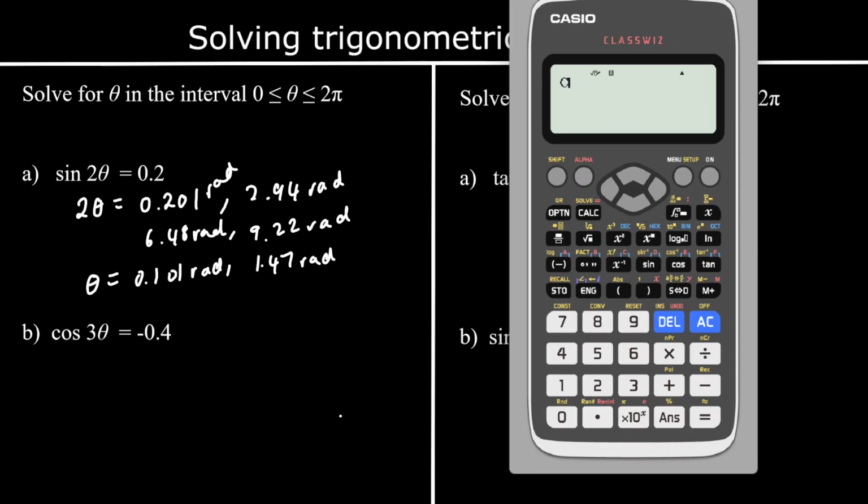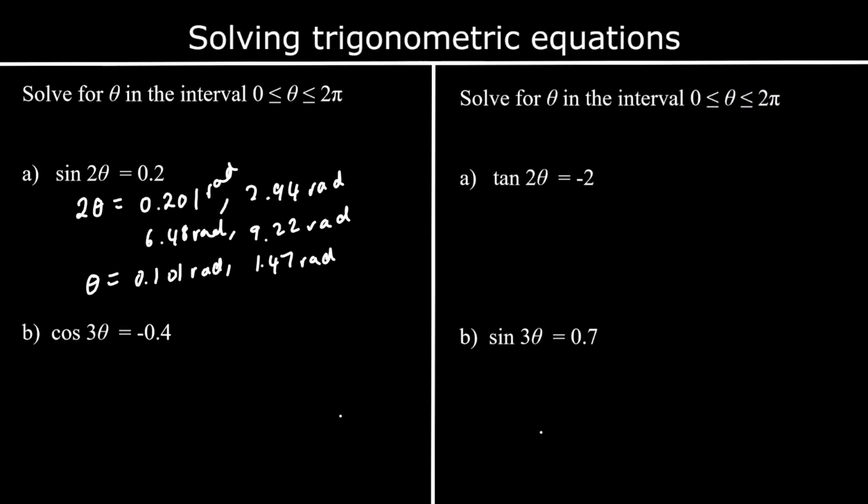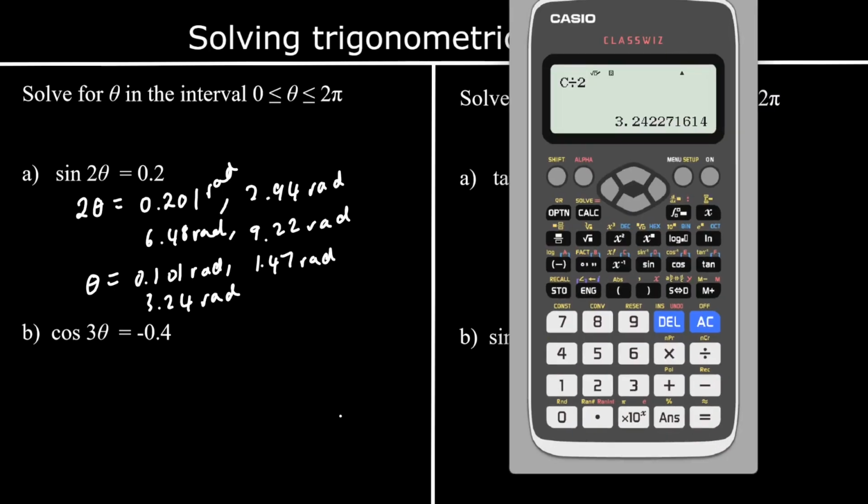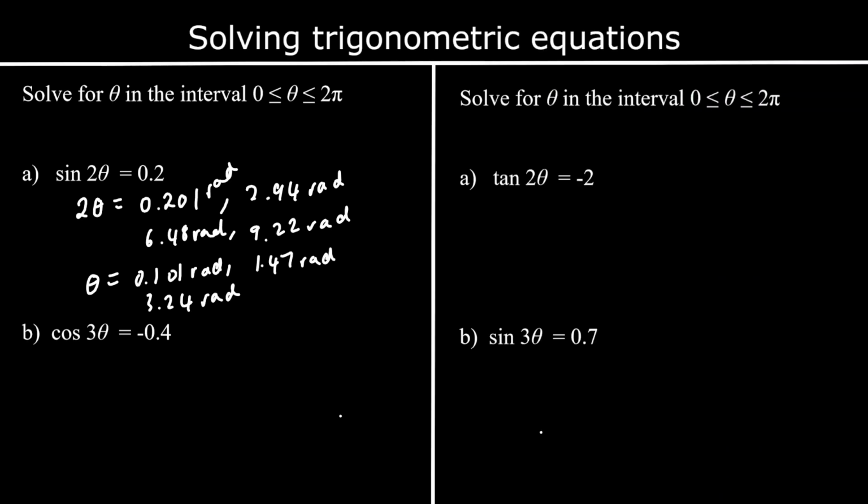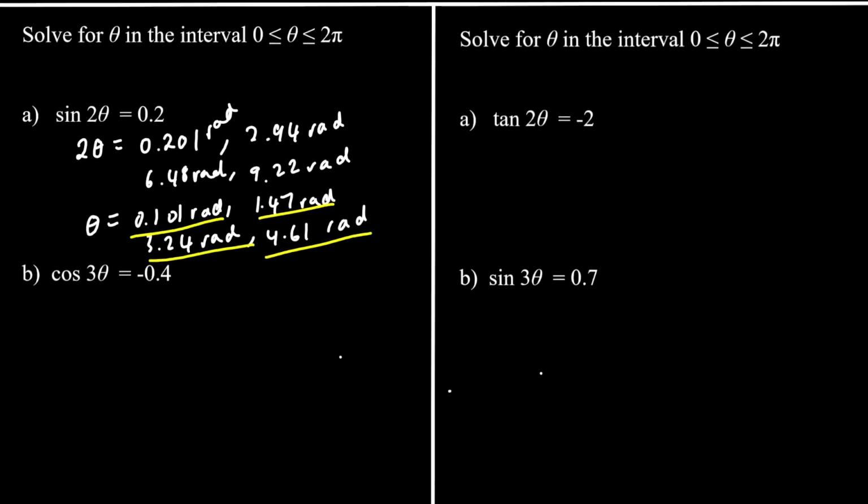We've got C over 2, which is 3.24. And D over 2, which is 4.61. So there are 4 answers.